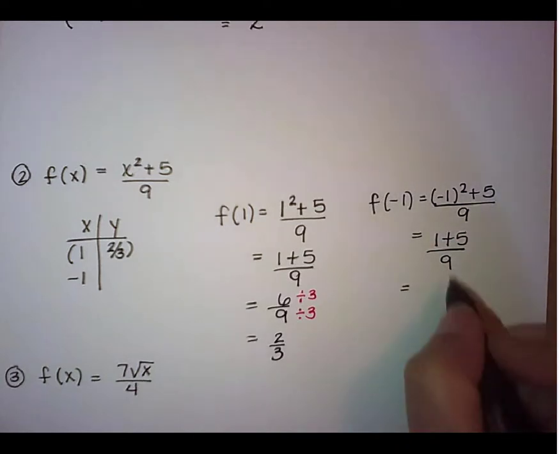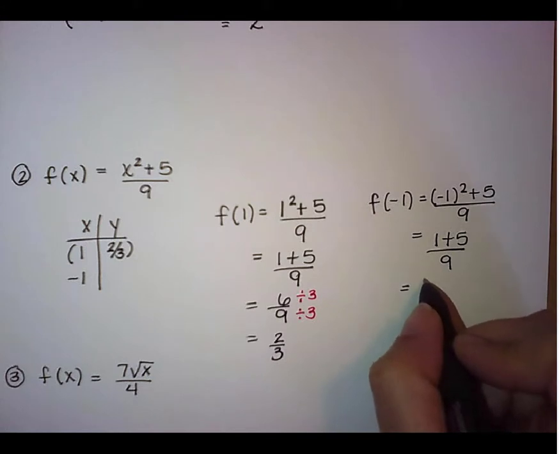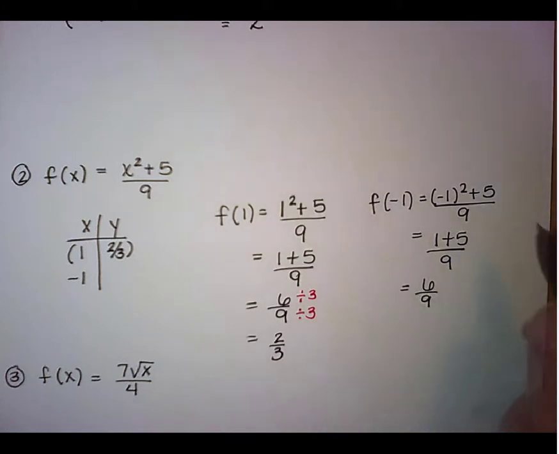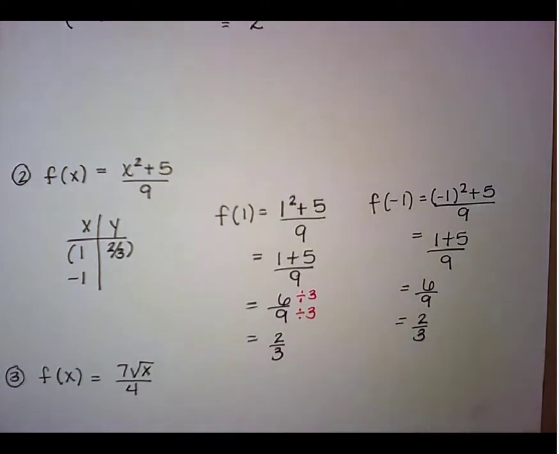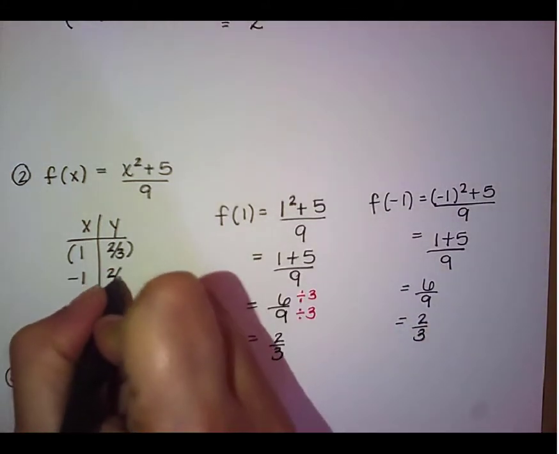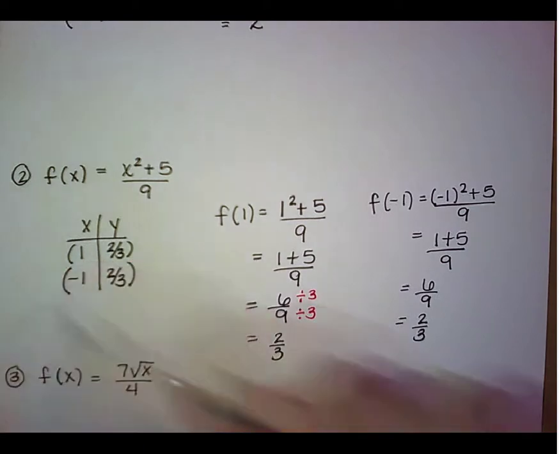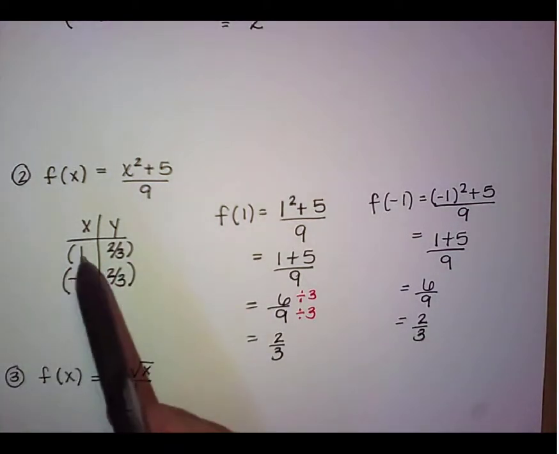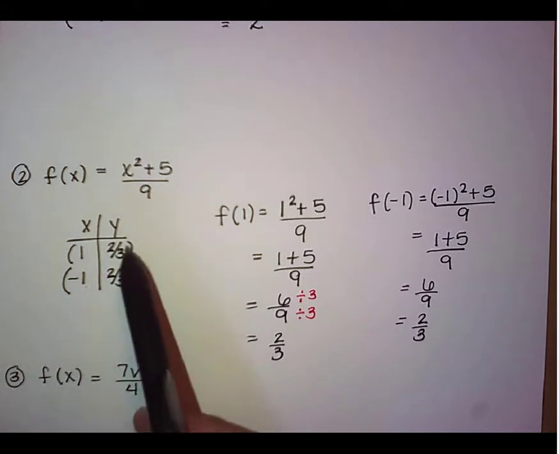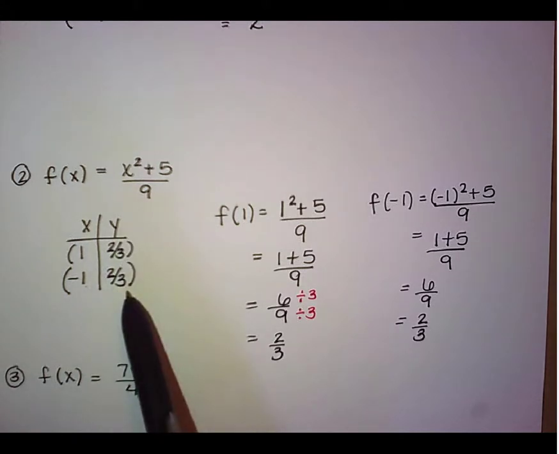Oh wait, this is looking a little familiar. So 1 plus 5 is going to give us 6 over 9. Again, we would need to divide this out and get 2 over 3. It is perfectly fine that both of my y values came out to be the same thing. I picked two different x's and it just happened that my y values are actually the same value.